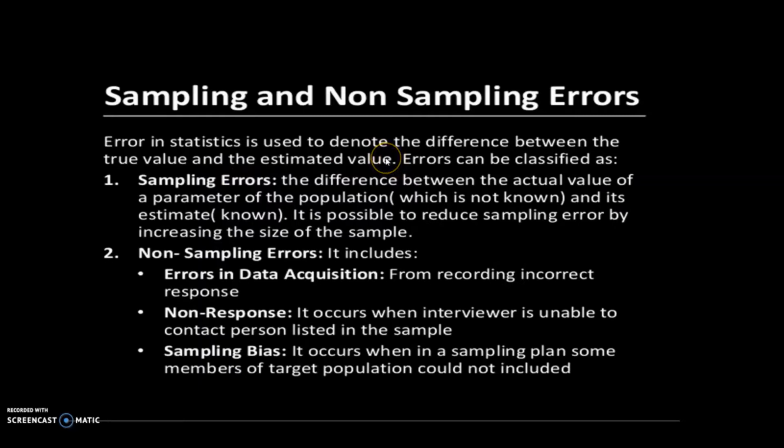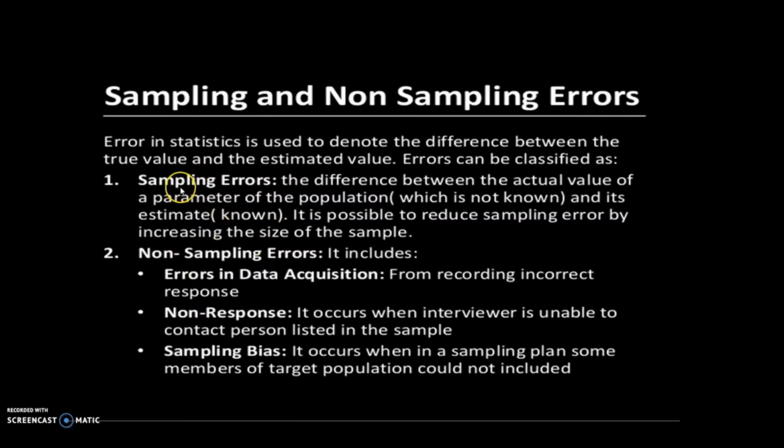So, these errors can be classified as sampling errors and non-sampling errors. Once more, error in statistics is used to denote the difference between the true value and the estimated value after calculation. And there are two types of errors, sampling errors and non-sampling errors.